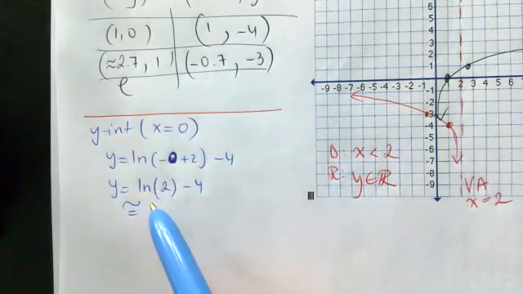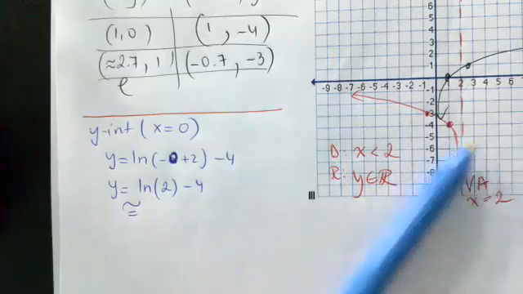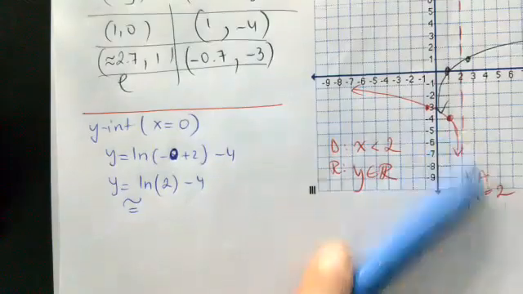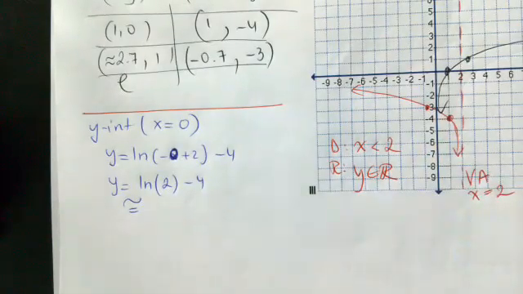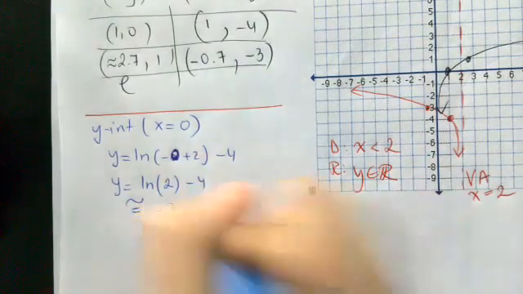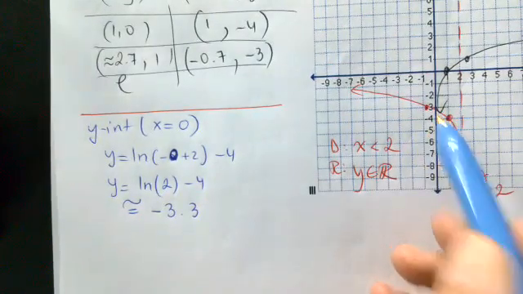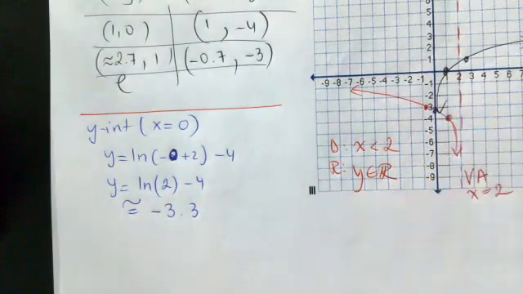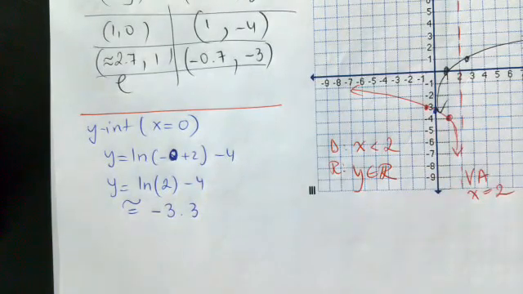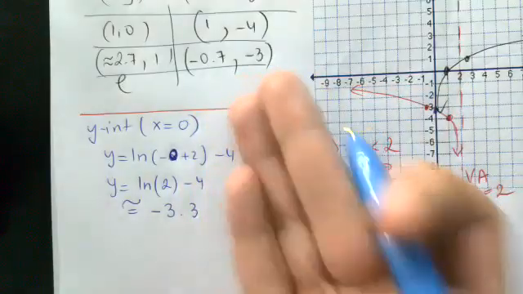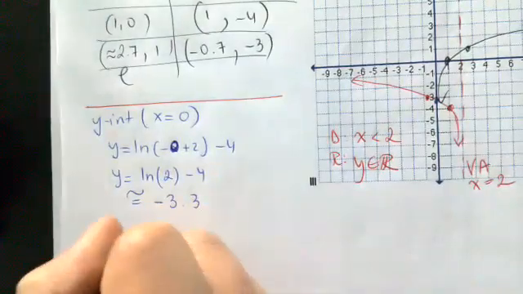You have a button for ln, so you don't have to do the change of base for this one. Negative 3.3 approximately. Good. Does it make sense? It does, right? We are crossing at that location. And for the x, it has to be a negative number, right? So we know what we expect for our x-intercept.